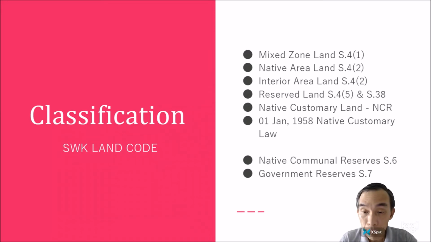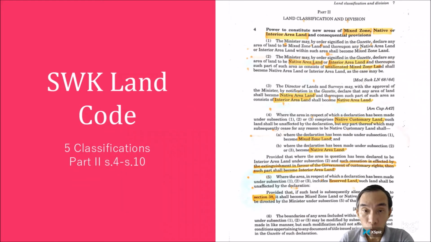So we are actually looking at 5 classifications here, and the last 2 you usually wouldn't call a classification or a category. Here are native communal reserve and also government reserve under Section 6 and Section 7 of the Sarawak Land Code. We move on now with more details.